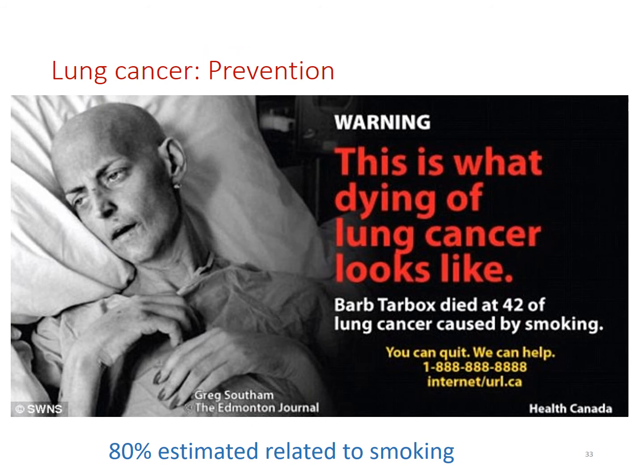So the best treatment for lung cancer is really not a treatment, it's prevention. As 80% of cases are estimated to be related to smoking, which makes it a very preventable disease for the majority of patients.